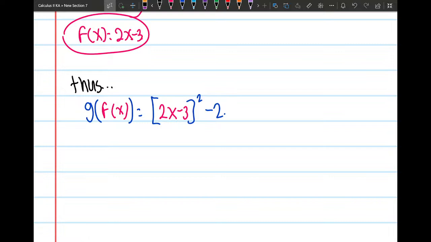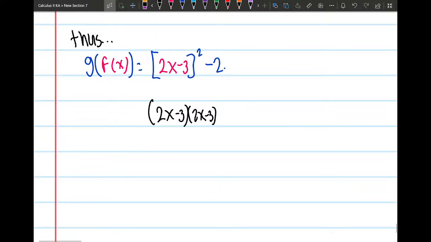So, doing this, we can use the FOIL method, 2x minus 3 times 2x minus 3, or you can use the perfect square pattern: a plus b quantity squared is a squared plus 2ab plus b squared.